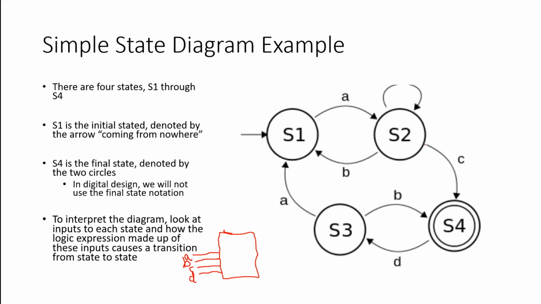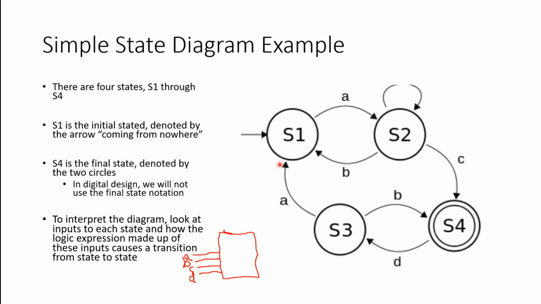When I am in S2 and I receive input C, I'm going to transition to state S4. S4 can transition to S3 if input D is applied. And if I'm in state S3 and I receive input B, I'm going to go back to state S4. If I receive input A, I'm going to go back to S1.